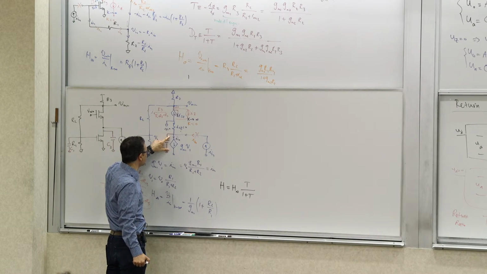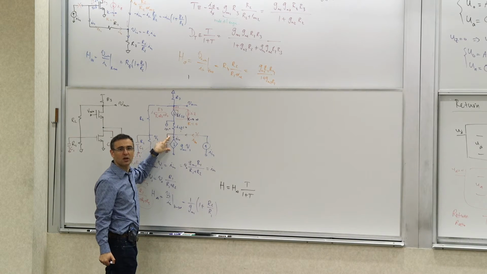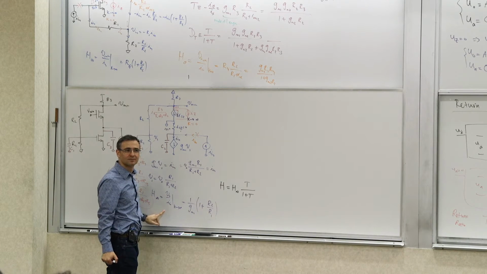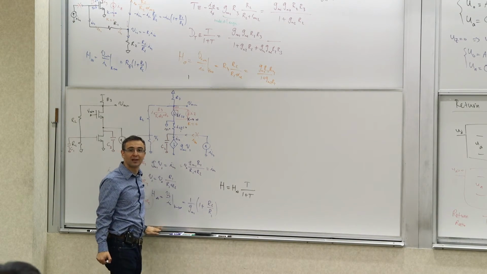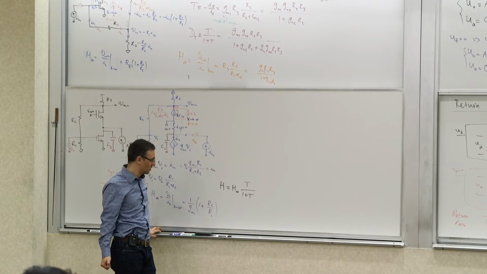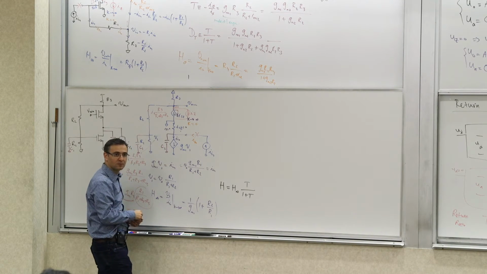Now, the voltage across this capacitor is 0, so it draws no current. So it has no role in this calculation. It doesn't mean that it has no role at all; it means that for H infinity, it has no role. So in H infinity calculations, this capacitor plays no role.